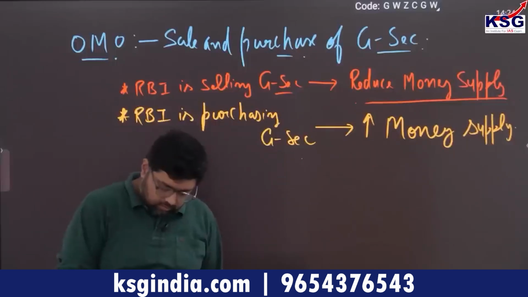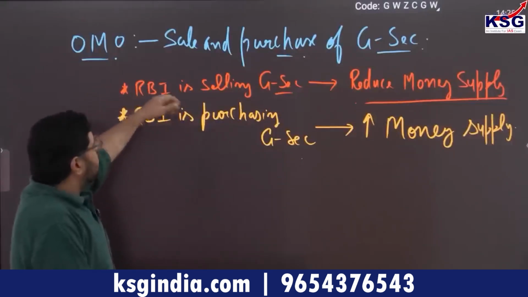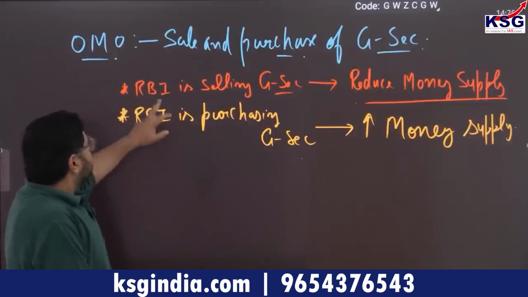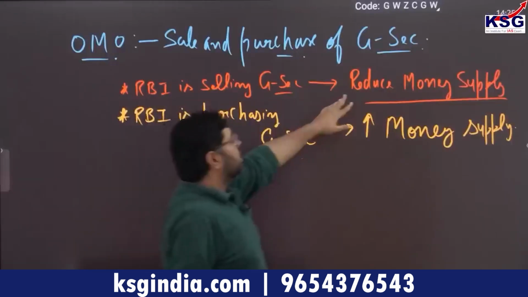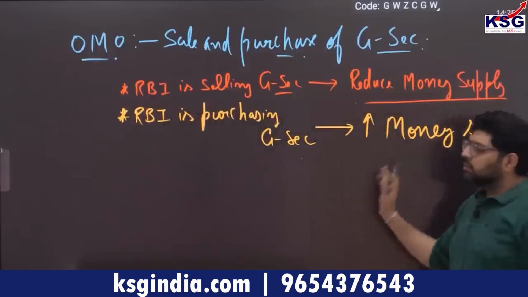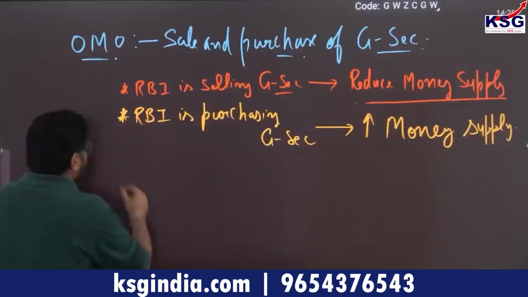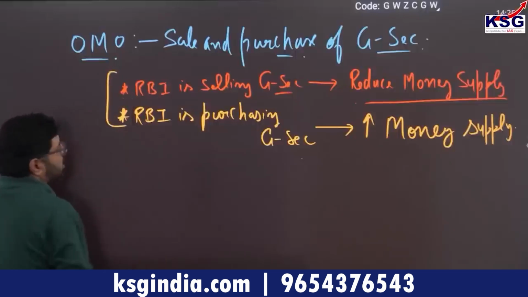Clear? So this is what you have to remember. The open market operation is sale and purchase of government security. So whenever RBI is selling government security, their intention is to reduce money supply, and whenever RBI is purchasing government security, their intention is to increase money supply. So this is what you have to remember with respect to open market operation.